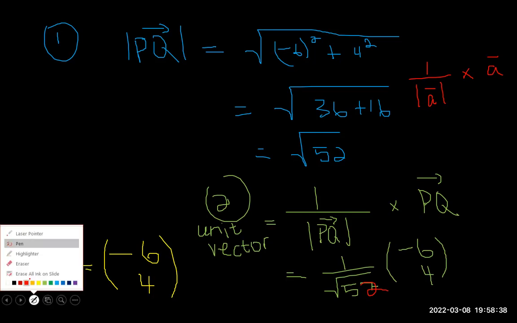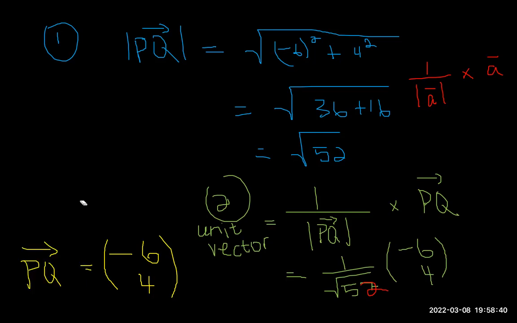All right, but for the other question, I said it was acceptable to just leave it in this form. However, in this question, they ask you for the simplest surd form. Therefore, you cannot leave it like this. You cannot leave it like this either. Why? Because they ask for the simplest surd form.